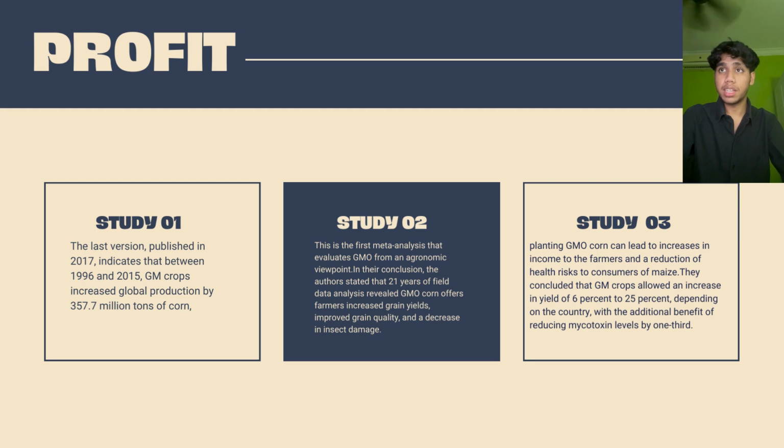And the final study concluded that planting GMO corn can lead to an increase in income for farmers and a reduction of health risks to consumers of maize, basically corn. They concluded that genetically modified crops allowed an increase in yield of 6 to 25% depending on the country, with an additional benefit of reducing mycotoxin levels by one third.